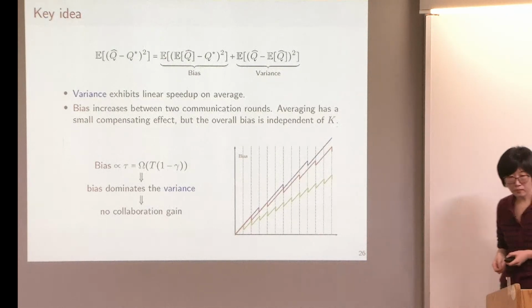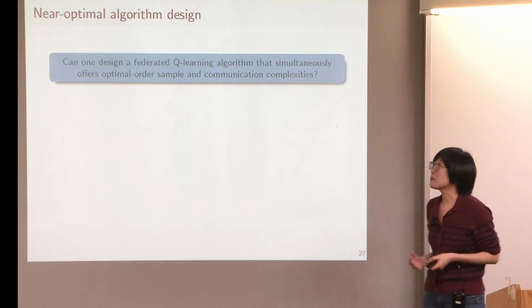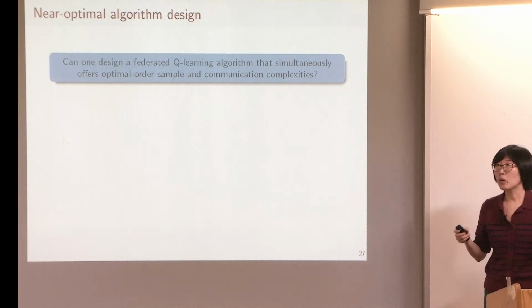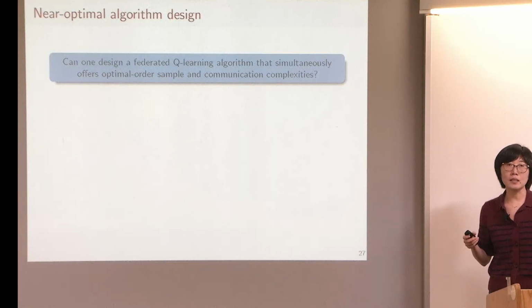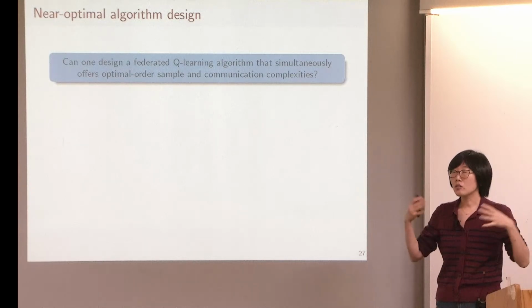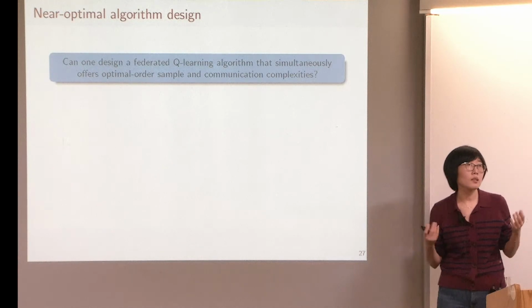Okay. All right. So now with the lower bound in place, we have a good understanding of both the statistical optimality, what the best sample complexity we can have is, and what the best communication complexity we can have is. So naturally, the question is, can you design an algorithm that achieves both?